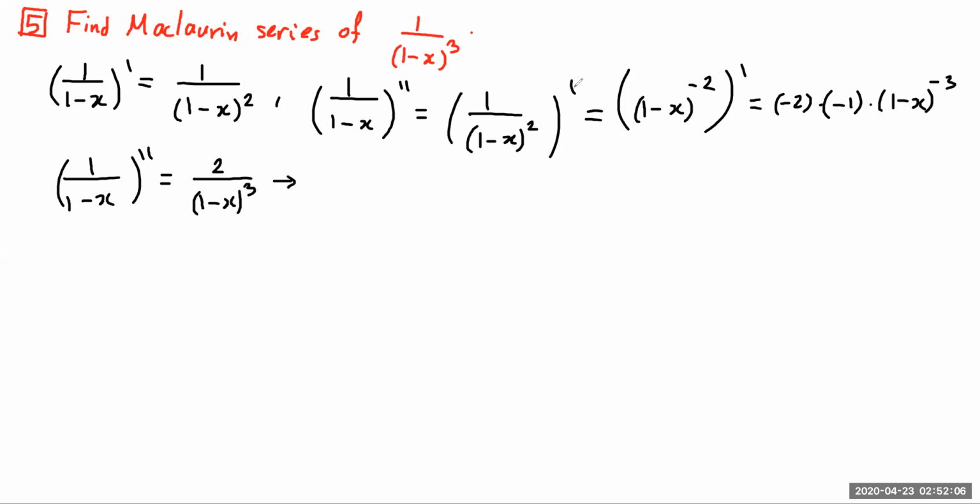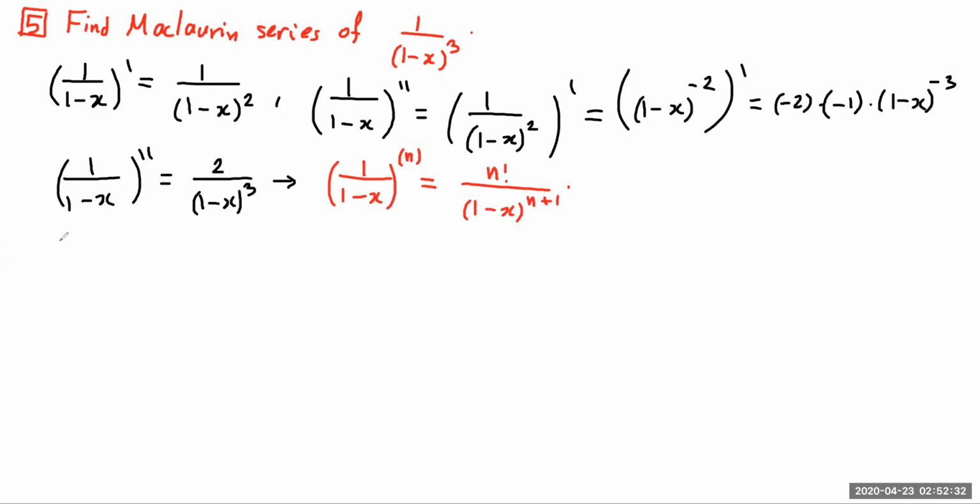And in fact, we can prove in general, we don't need this formula now, but it's a famous formula in mathematics, that if I take the derivative n times, I will have n factorial over (1 minus x)^(n+1). Okay, now let's go back to our exercise.